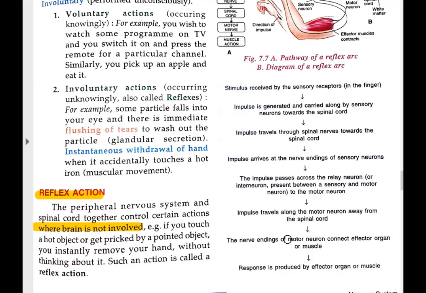The impulse passes across the relay neuron or interneuron present between the sensory and motor neuron to the motor neuron. Impulse travels along the motor neuron away from the spinal cord. The nerve ending of the motor neuron connects to the effector organ or muscle. Response is produced by the effector organ or muscle.